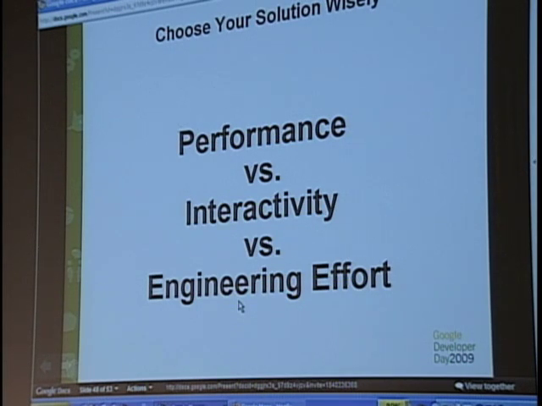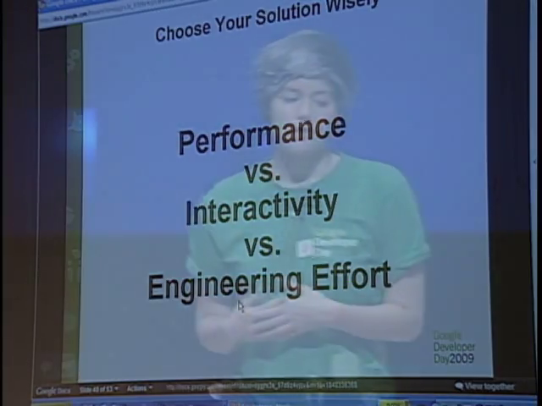So in conclusion, when you're looking at these problems that you might have and you're looking at the various solutions, because I showed you a lot of them, there's some things you should consider when choosing your solution. So there's how well it performs and how well it performs across different browsers and platforms. There's how interactive it is and whether the users can highlight things and mouse over and click on things and how much of a piece of data they can click on.